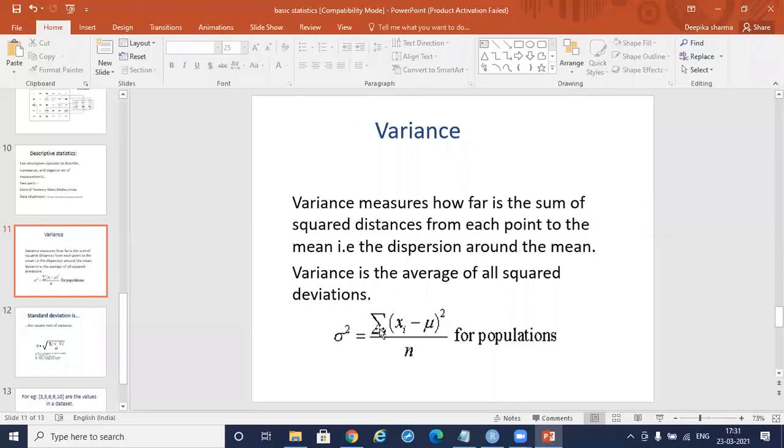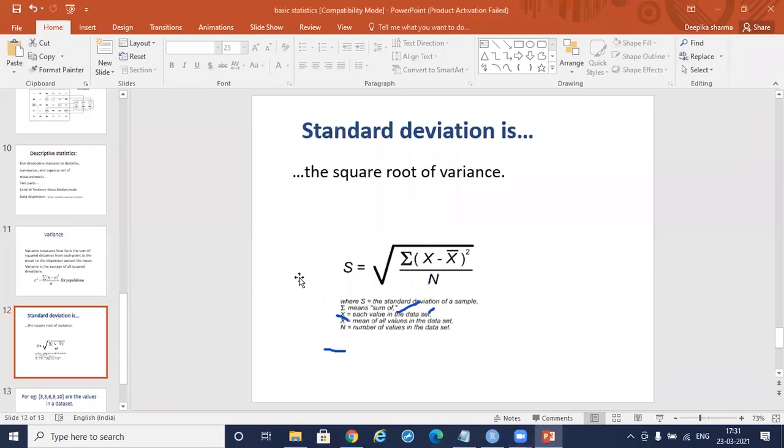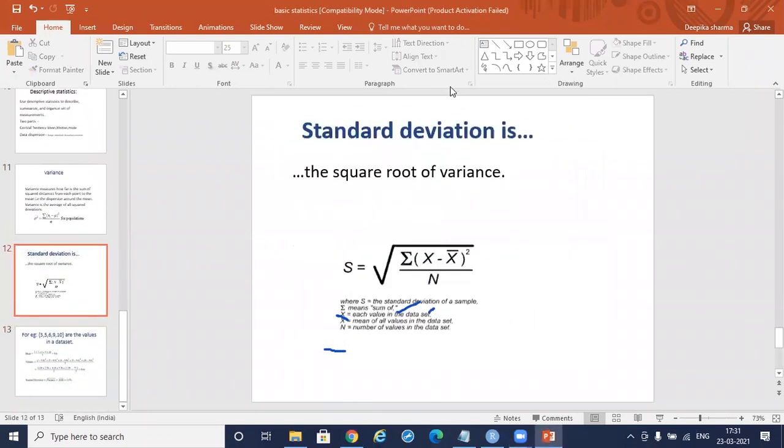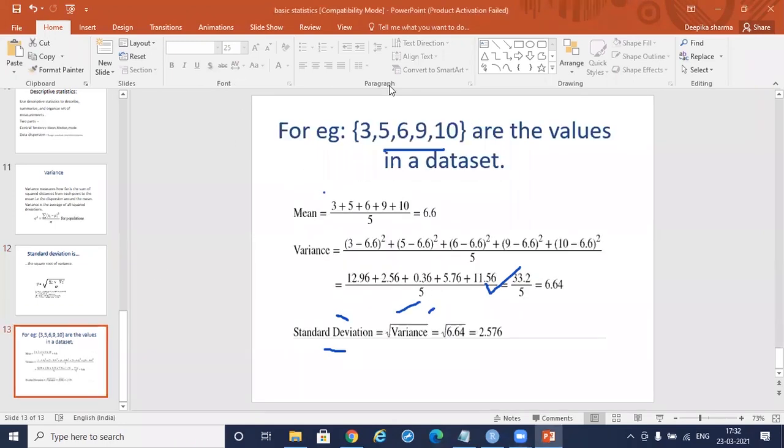The variance is the sum of the squared differences between the point and the mean, divided by the total number n. If we take the square root of it, that becomes the standard deviation. Now let's take a sample example. Suppose this is the data here.